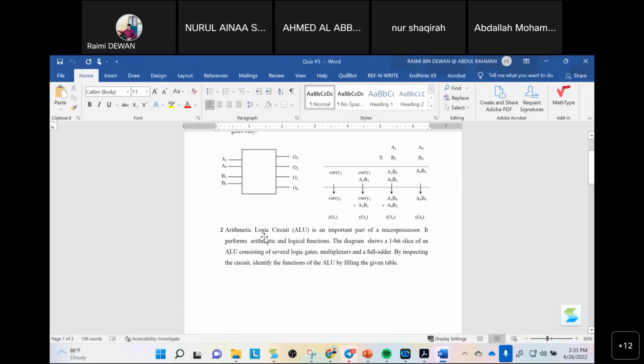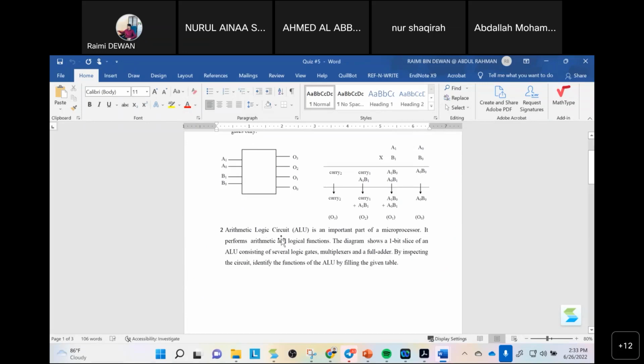You see, okay, now is the arithmetic logic circuit. So arithmetic means the circuit performs addition, subtraction, multiplication, and or division. So it performs these functions. Either way, maybe you can get addition, subtraction, or you can get multiplication, division, depending, but it is able to do this.